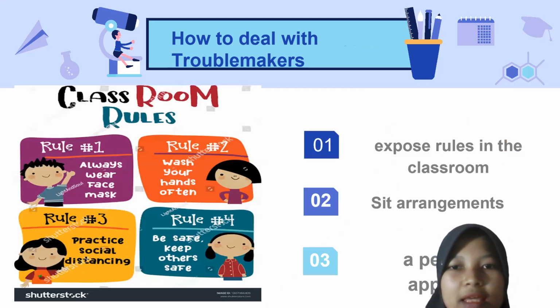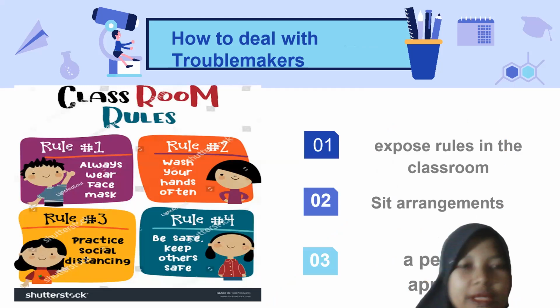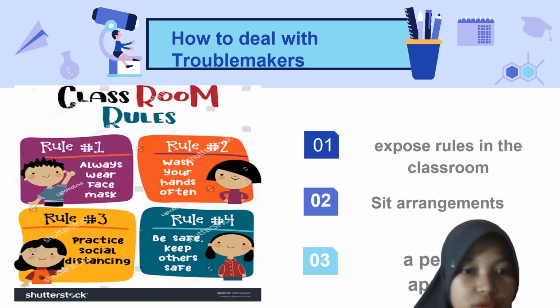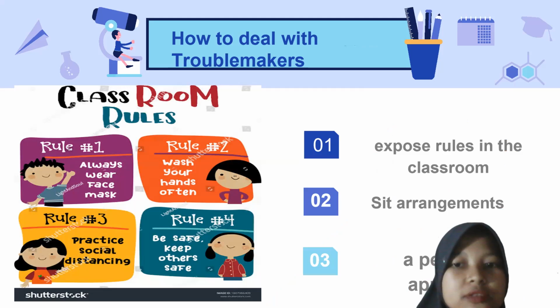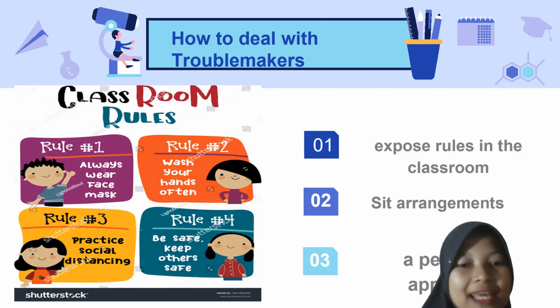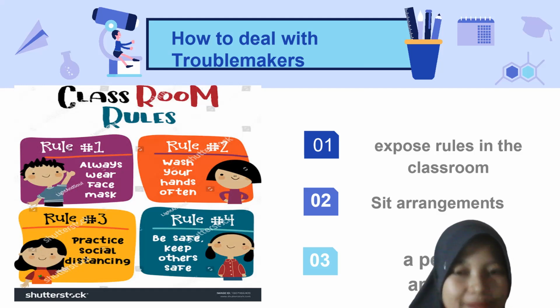Several activities that a teacher can do are to expose rules in the classroom. Before learning, teachers expose rules in the classroom that can make students more disciplined. It is not just about what students shouldn't do, but also what they can do and what they can get.